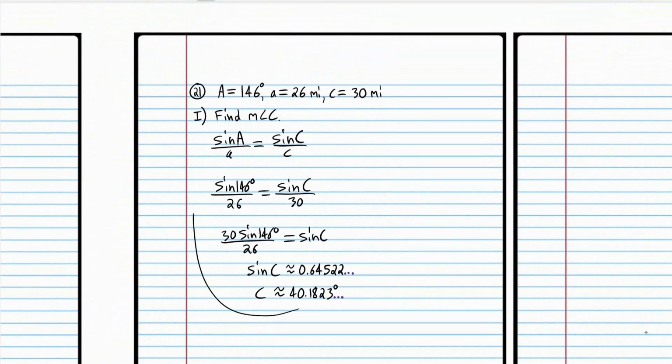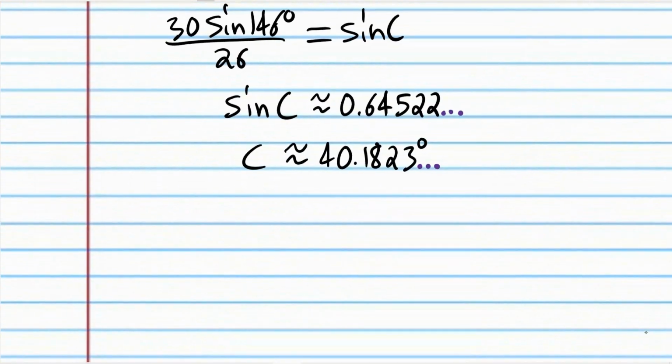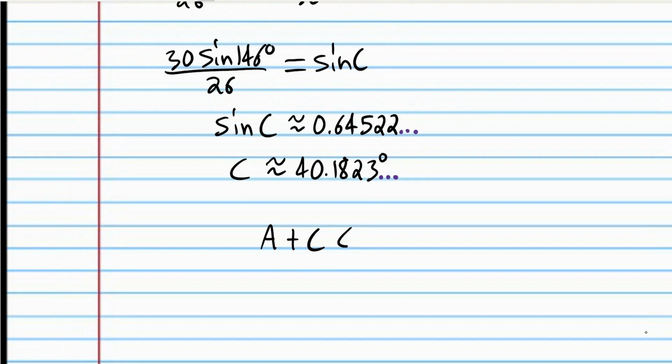And we need to compare that with the original angle. And you see, when we add the measure of angle A, which we were given, and the measure of angle C, that's actually going to be bigger than 180 degrees.